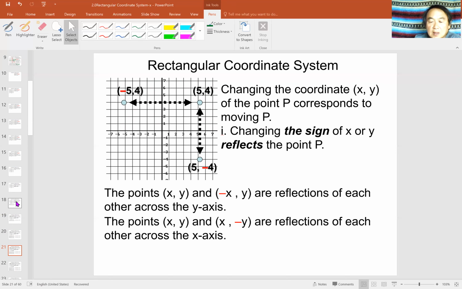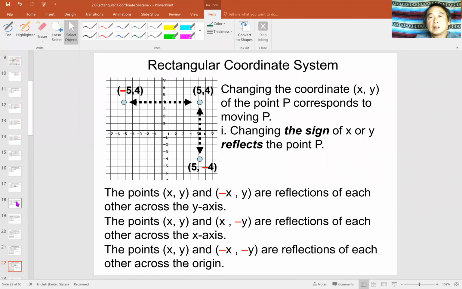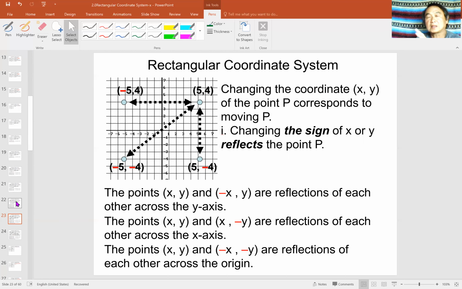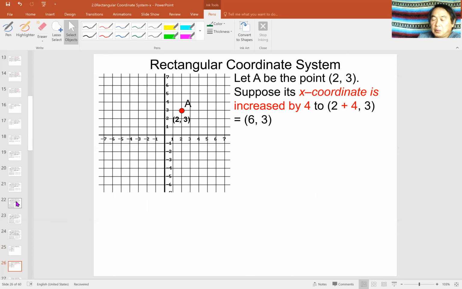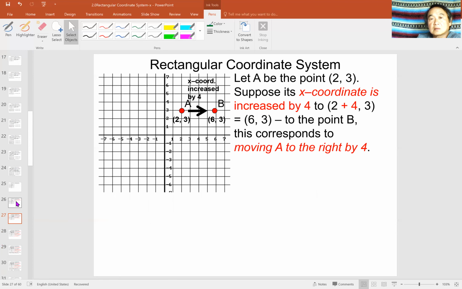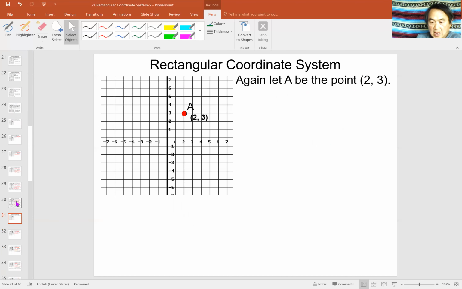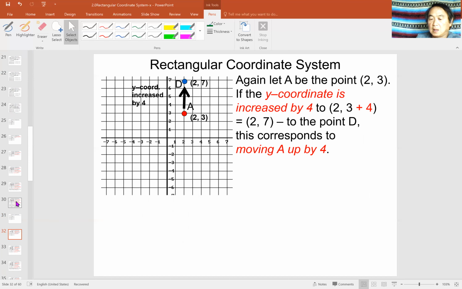And if I change both, you wind up with both coordinates negative, and the point is opposite across the diagonal. So that's the effect of putting a minus sign in front of the coordinate. Adding numbers to x corresponds to moving the point right or left. Adding numbers to the y component, the 3, for instance, corresponds to moving the point up and down.